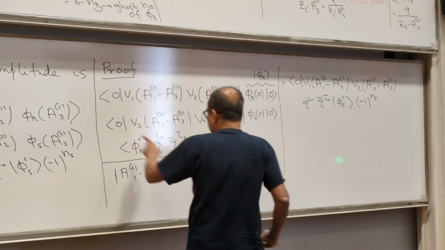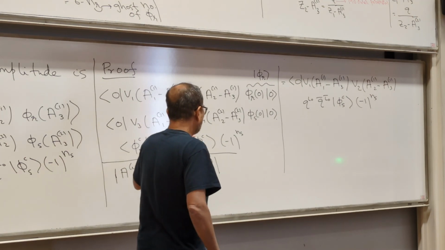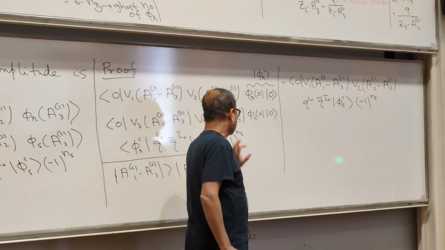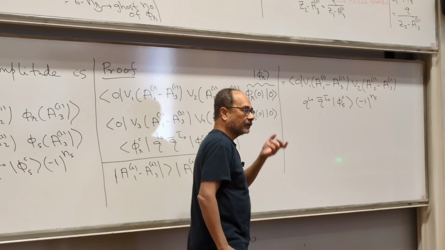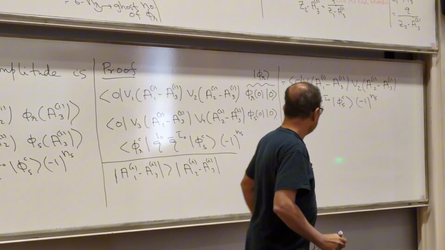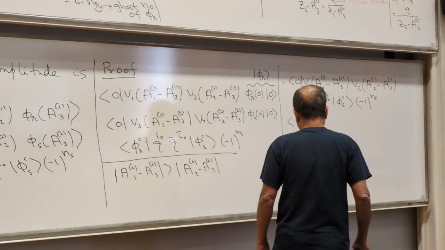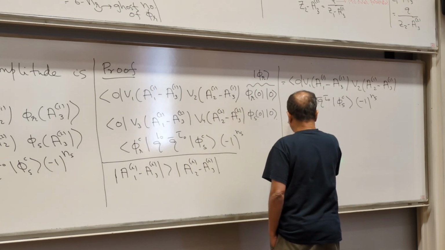Okay. And for this one, what I am going to do is to make a conjugation by the inversion operator I of z, which is 1 over z, because that is an SL(2) transformation. So the correlation function is invariant under that.